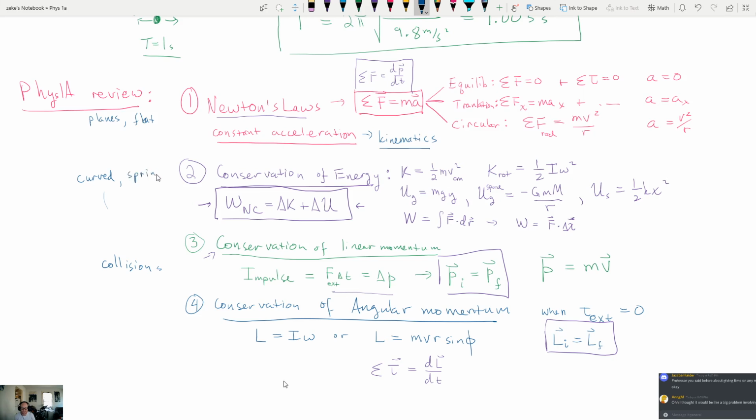Problems that have springs in them, you're almost always going to use conservation of energy. Conservation of angular momentum is usually going to involve some kind of angular collision where you have a bar. I'm just going to say angular collision because that's usually what these are used for.